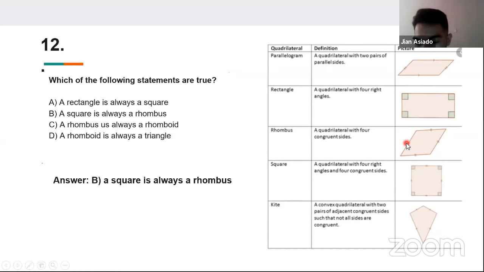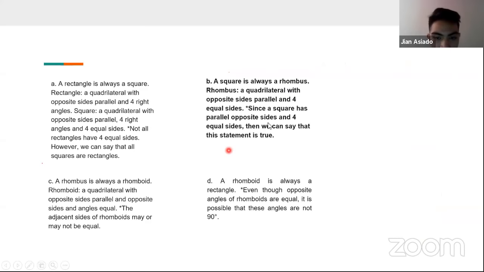Dito bakit hindi siya laging rhomboid? Because dapat equal nga lahat nung sides mo din. So it's like similar to a square yung rhomboid. So therefore si rhombus, ito si C, mali. Samantalang ito si A, siya yung laging tama. Okay, since a square has parallel opposite sides and four equal sides.